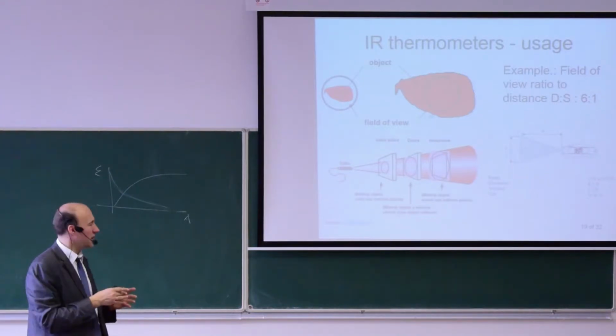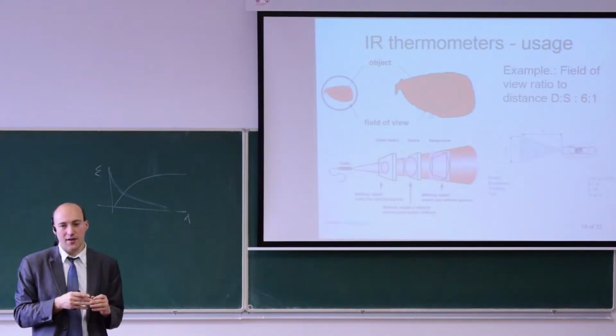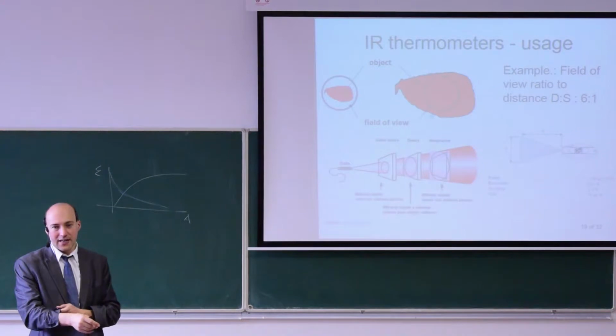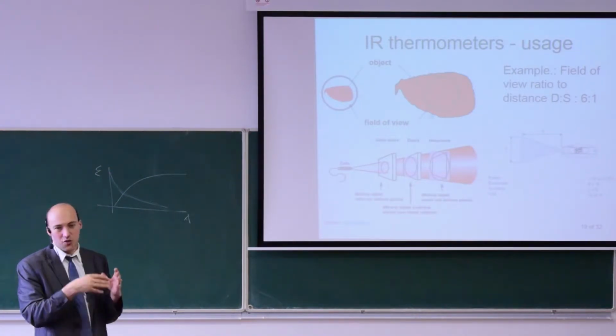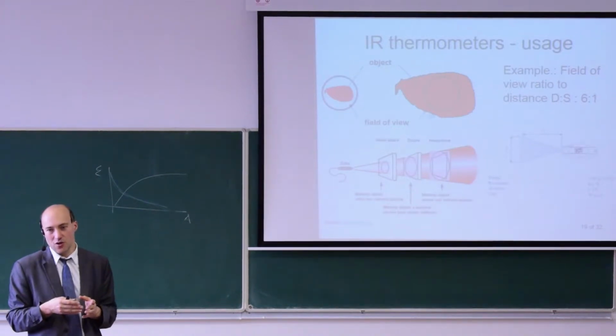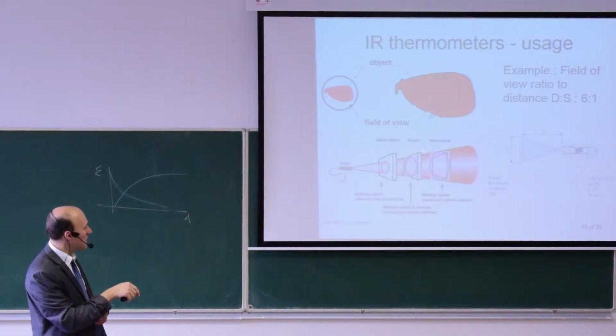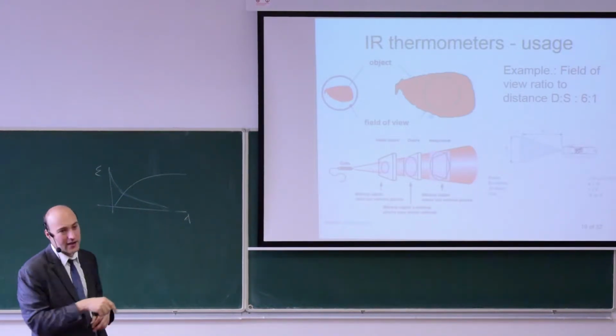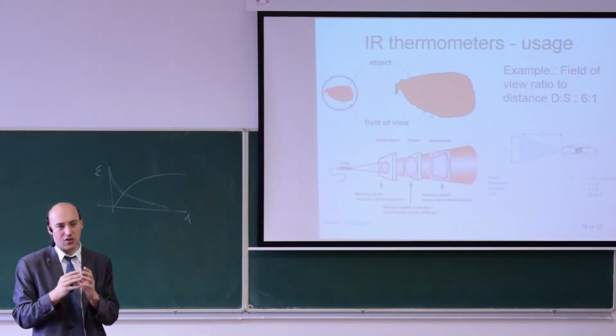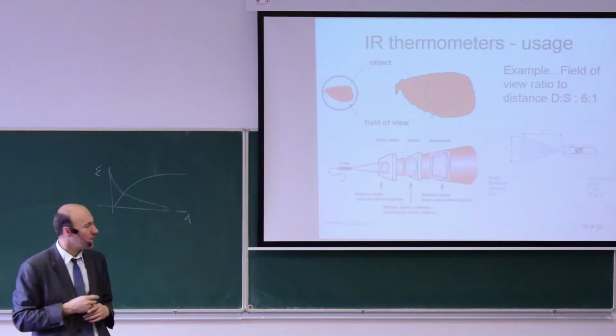So if it is a good heat conductor, then we can assume that it has a good heat distribution of the temperature on the surface. So this may be correct as well. But this is not correct. We see that the object is smaller than the field of view.